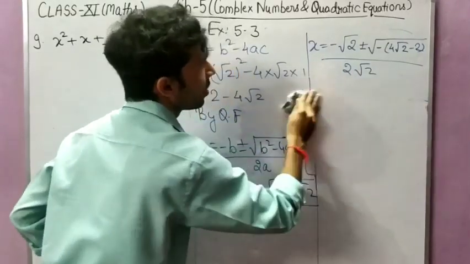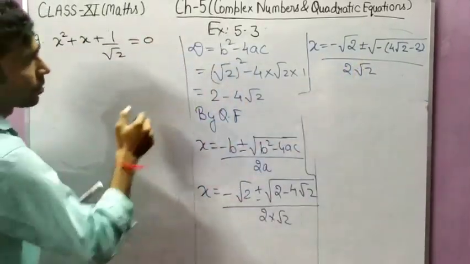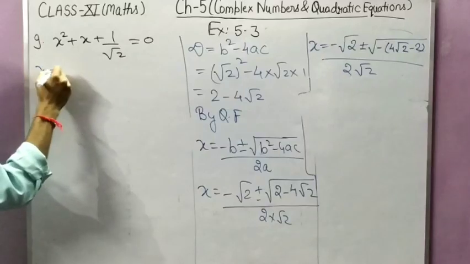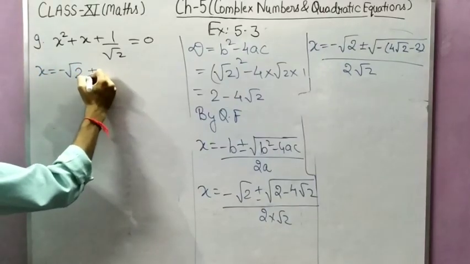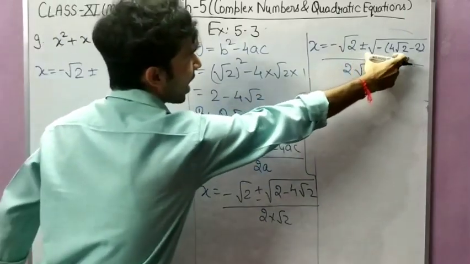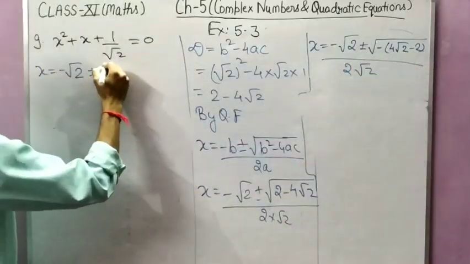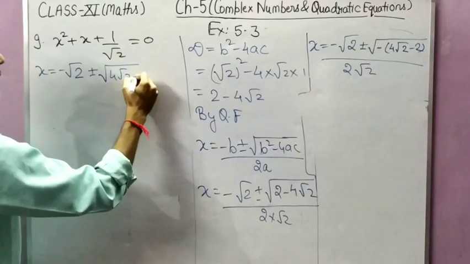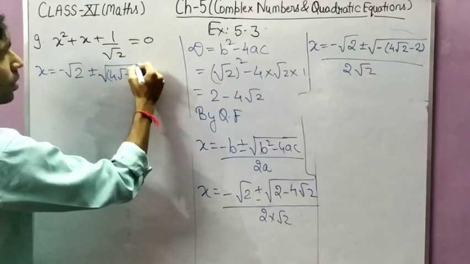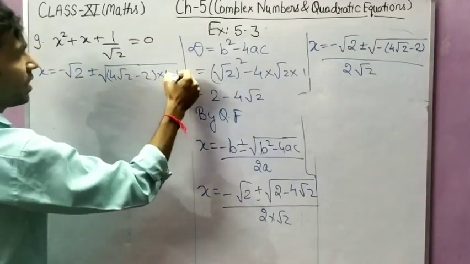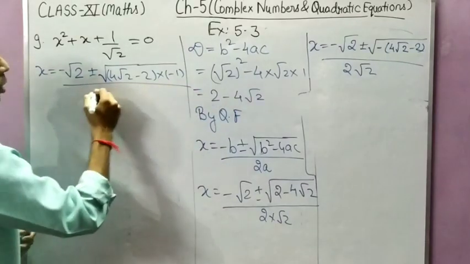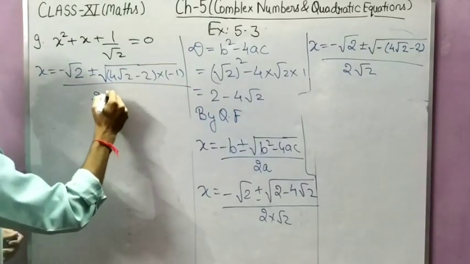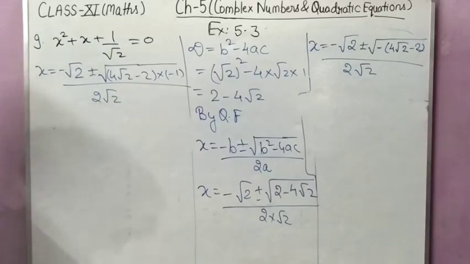See, so the value of x we got, that is minus root 2, and see student, this can be written as under root 4 root 2 minus 2 into minus 1, upon 2 under root 2, okay.